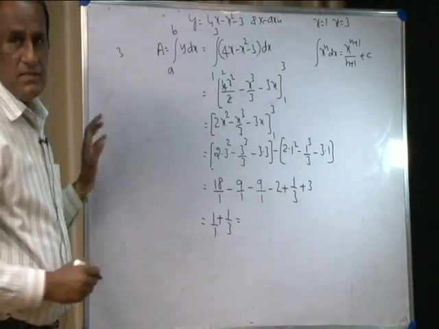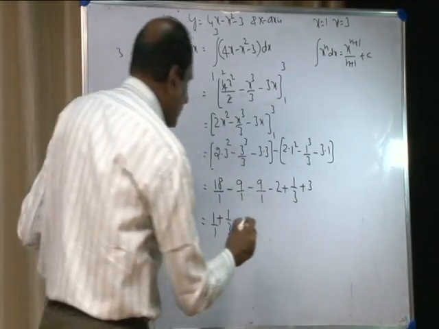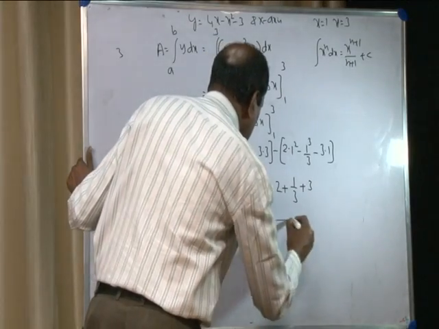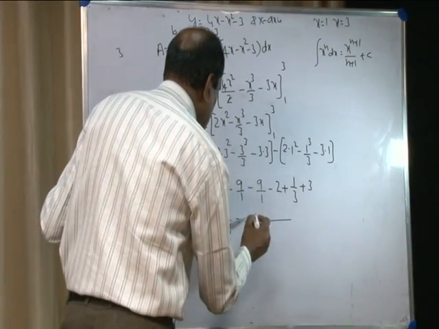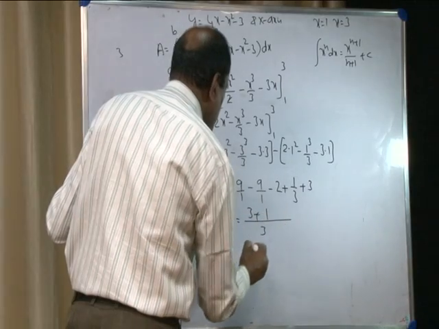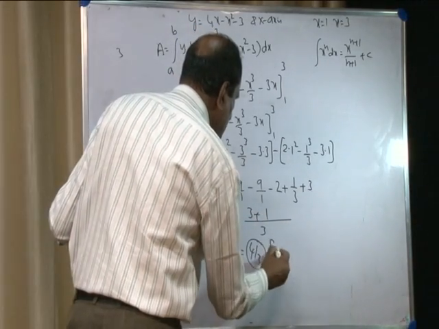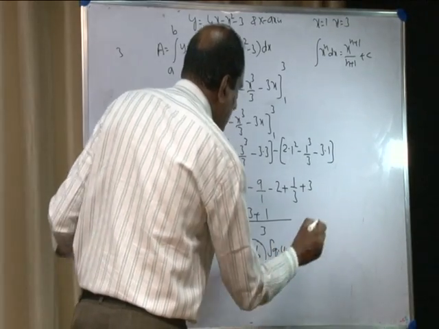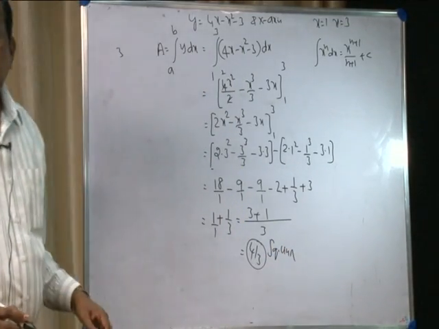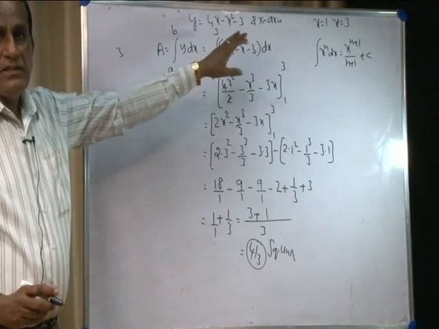LCM is 3. So, 3 divided by 1 is 3 times 1, plus 1, that is 4 by 3 square units. So, this is the problem without limits.